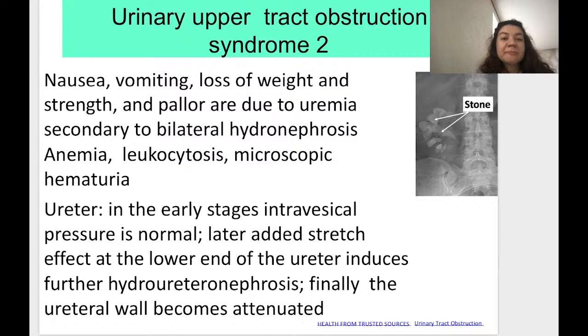Nausea, vomiting, loss of weight, and strange pallor due to uremia secondary to bilateral hydronephrosis, anemia, leukocytosis, microscopic hematuria.